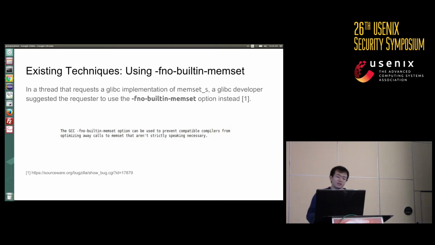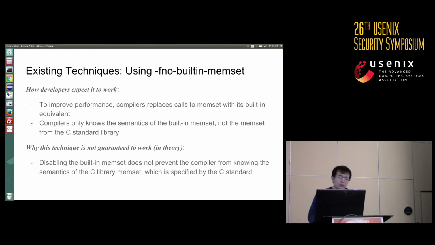In a thread that requests a glibc implementation of memset_s, a glibc developer suggested the requester use the no-builtin-memset option instead. Here's the reasoning behind this technique. To improve performance, compilers normally replace calls to memset with its built-in equivalent.